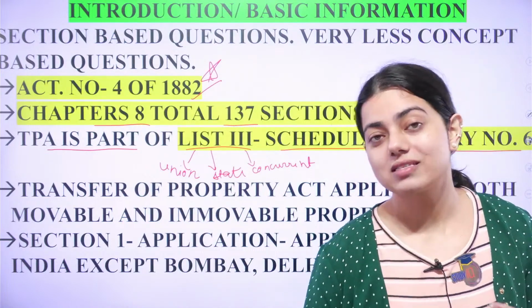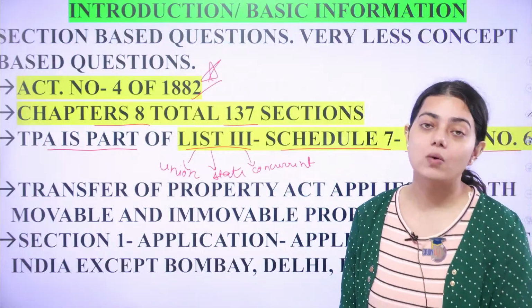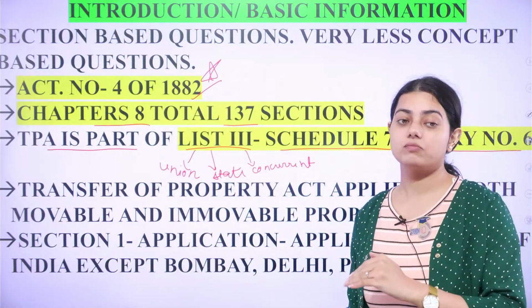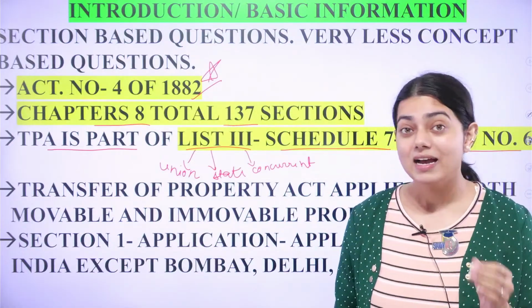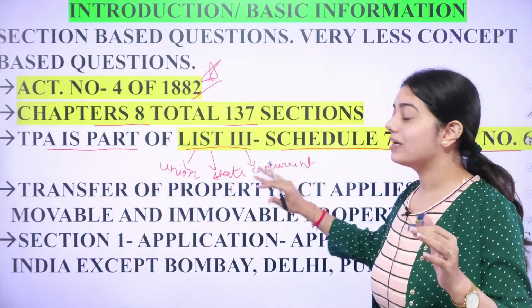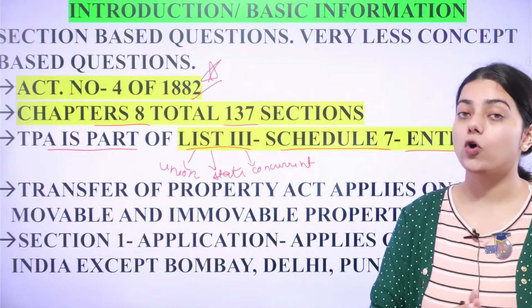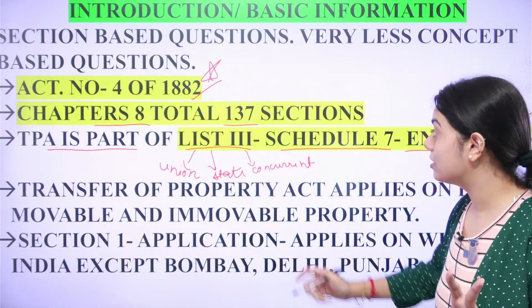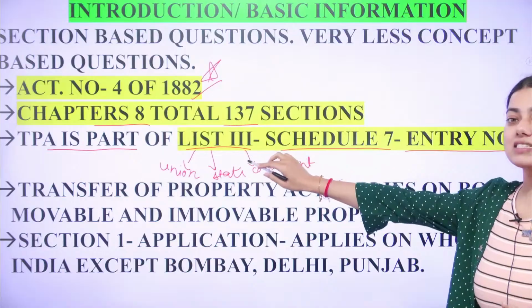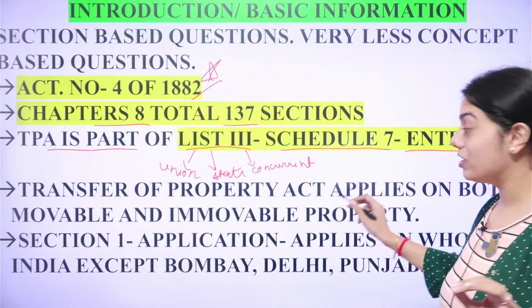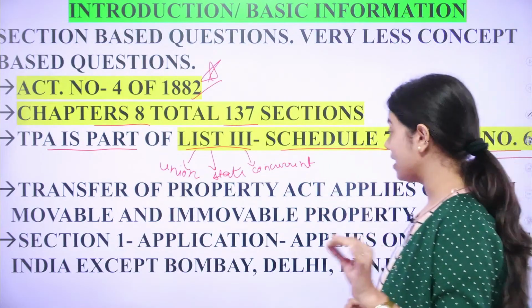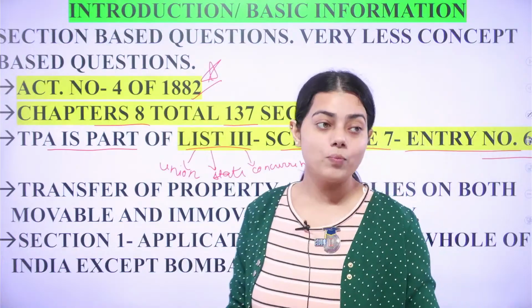List number 1 entails the subjects covered by the union. List 2 entails the subjects covered by the state, and List 3 is the concurrent list, where both the union and the states have the power to make laws on those subject matters. So this TPA falls in List 3 of Schedule 7 and the entry number is 6. This entry number 6 becomes very important for you.